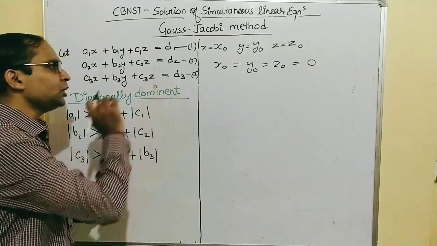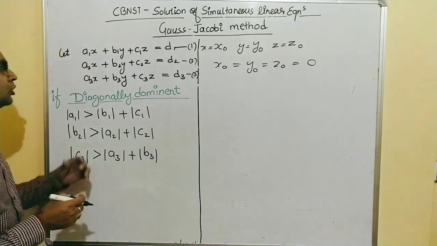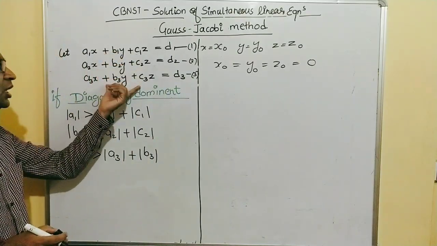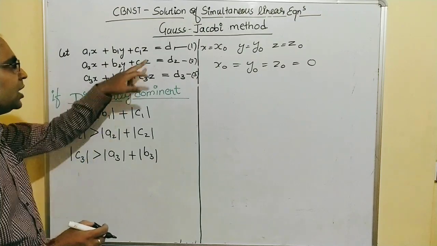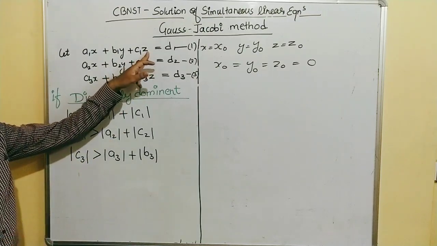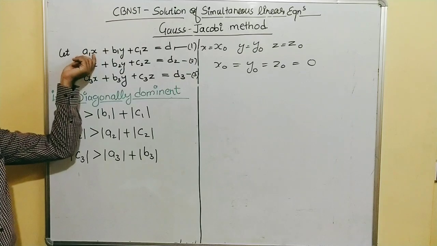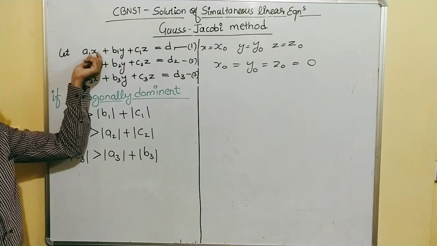So with these initial values, first we have to convert these three equations into another form. Let's say from the first equation, as we can see that this term is dominating, we'll find the value of x.